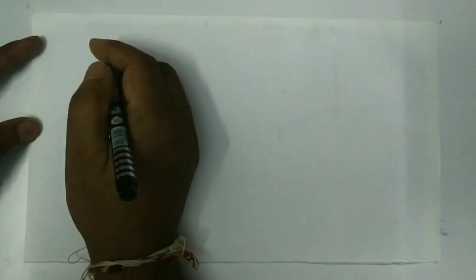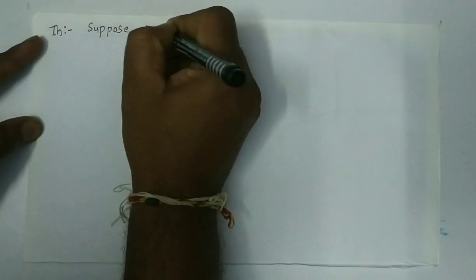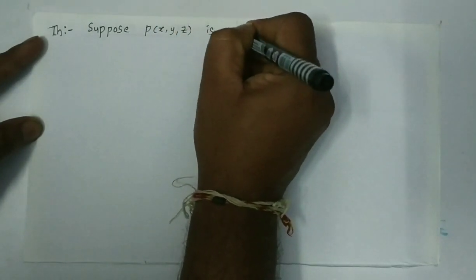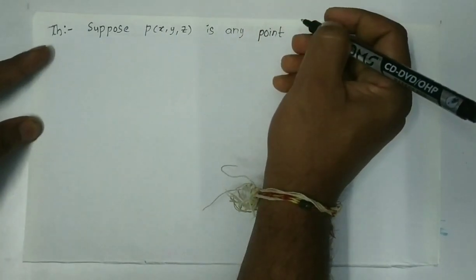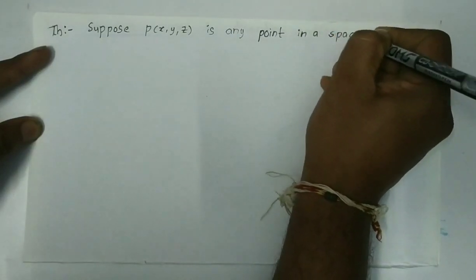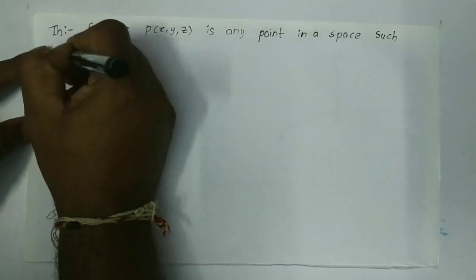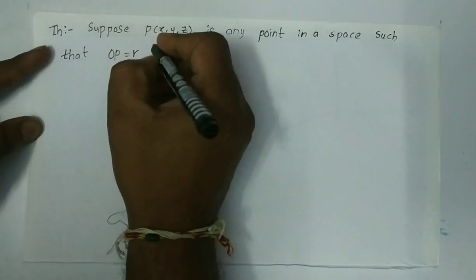Next, let us see one theorem. Suppose P(x, y, z) is any point in space such that OP is equal to r.